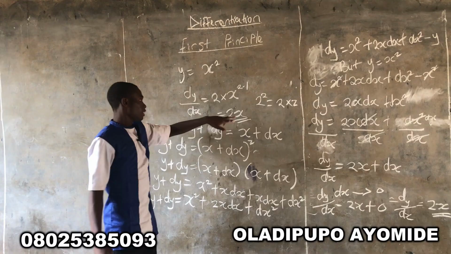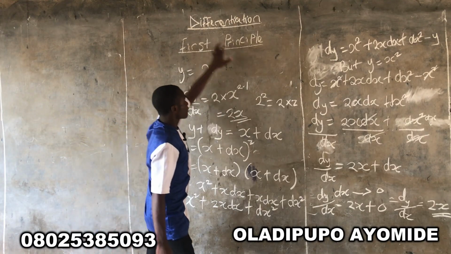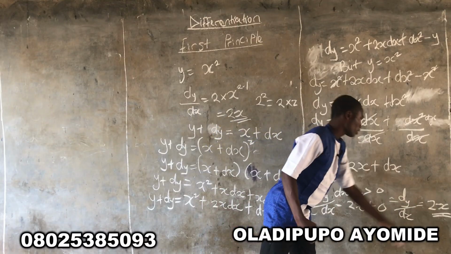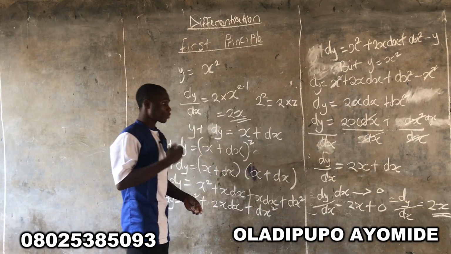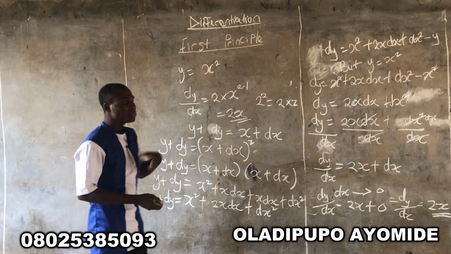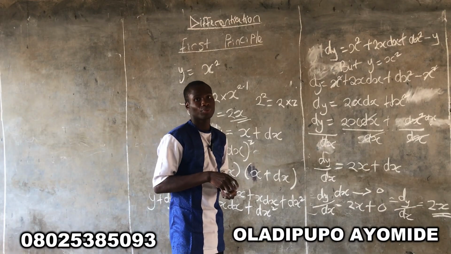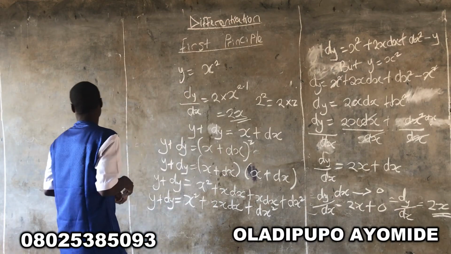Using the general method is 2x, using first principle also arrives at 2x. When it comes to first principle, you get to a point that you have to limit the dx to 0.